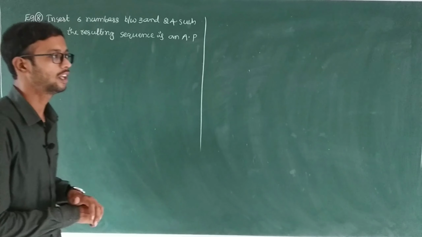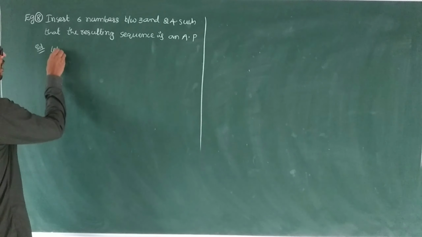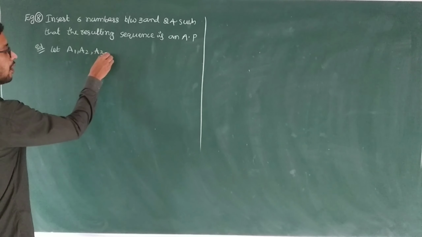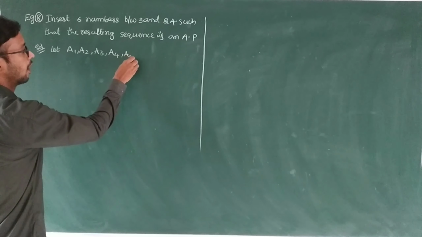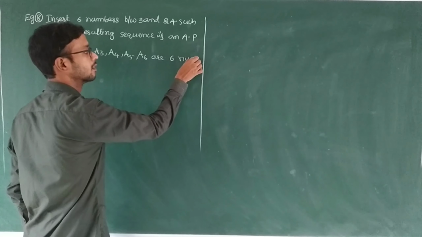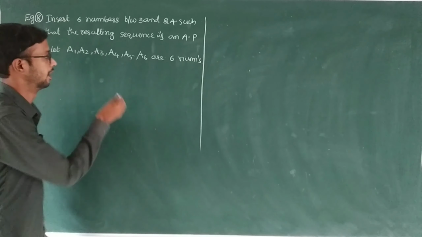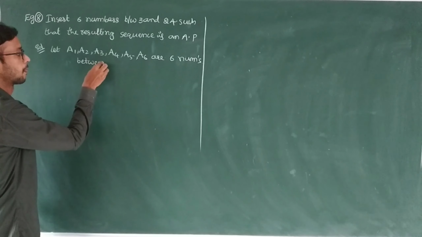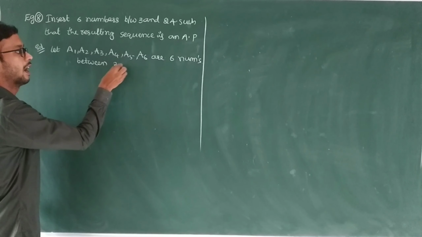So now you see here, let A1, A2, A3, A4, A5, A6 be 6 numbers between 3 and 24.